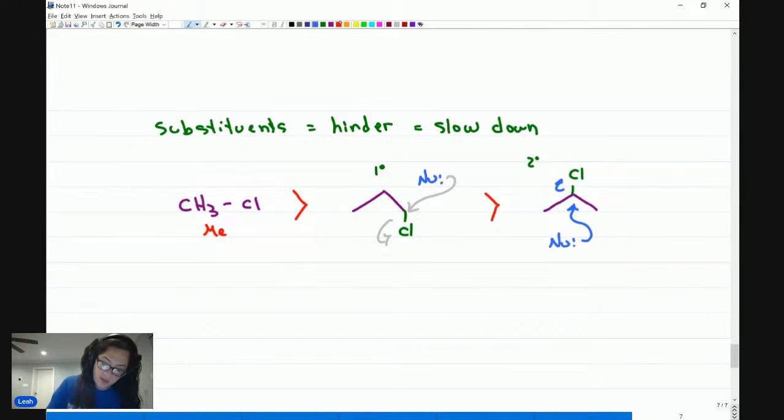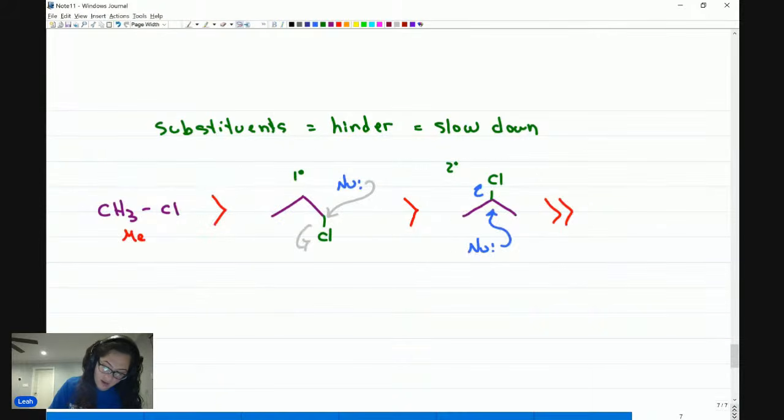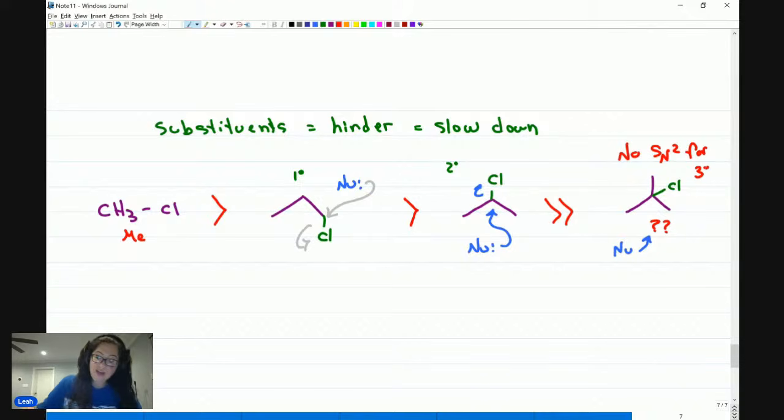That is still possible. However, if I increase the degree of substitution here, and this time I give you a tertiary leaving group with a chlorine right here, there are too many substituents. The nucleophile wants to attack, but it cannot get there. That is why there is no SN2 for a tertiary reaction. I don't remember who asked that question first, earlier.